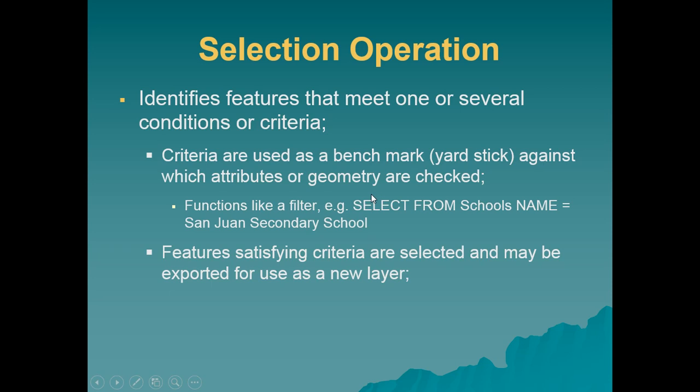You're telling the system to select from the data layer named schools, the field called name, and you're looking for a record in that field called San Juan Secondary School. So this is an example of a selection operation, and the features that satisfy the criteria are selected and may be exported for use as a new layer. Typically we didn't really do much of that in terms of exporting new layers, but certainly you would have seen it highlighted on your map as well as in the table.